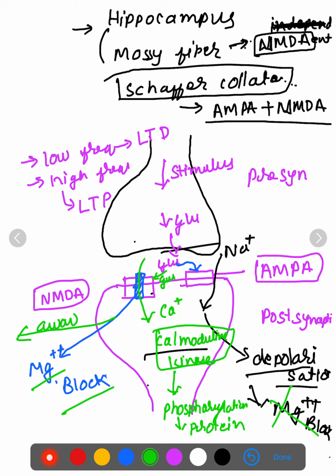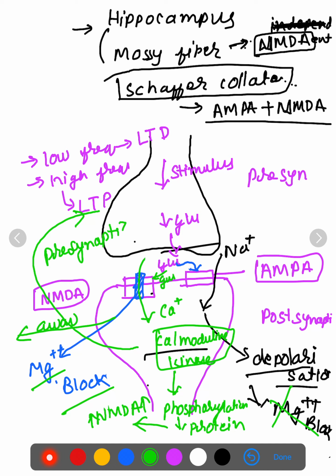Protein is formed. This protein will lead to the formation of more and more of these receptors, so the level of all these receptors will increase. Not only that, it is also causing stimulation of the presynaptic terminal, and a neurotransmitter like NO is helping in this process.